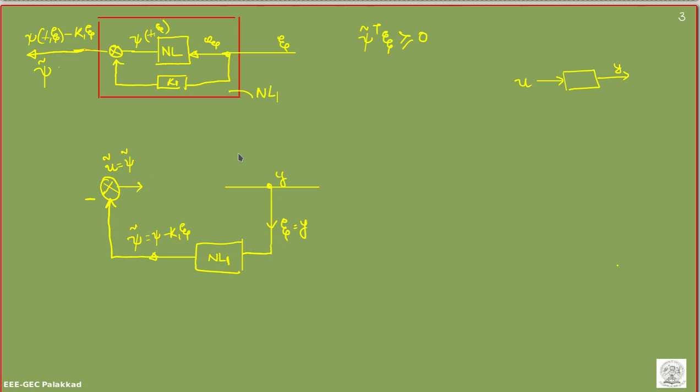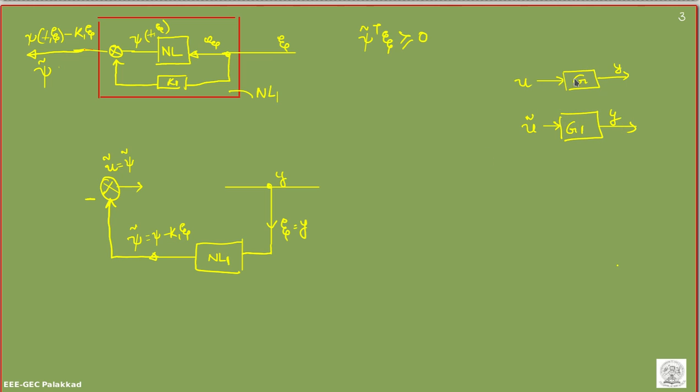So what should the transfer function be when I give u tilde to some g, let me call it g1, so that I get the same output y? What should this g1 be? Let us see what g is.